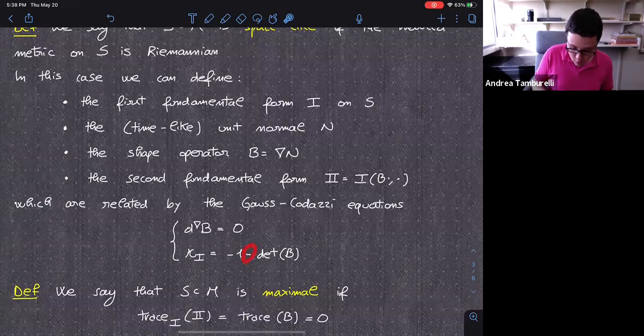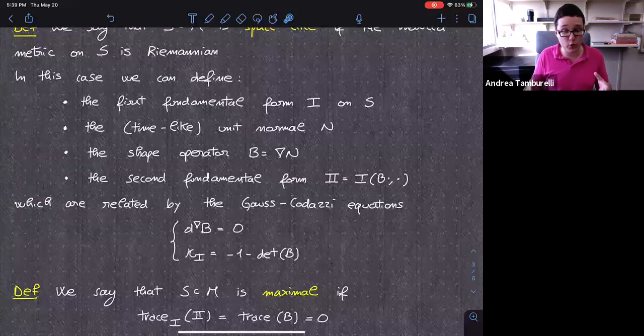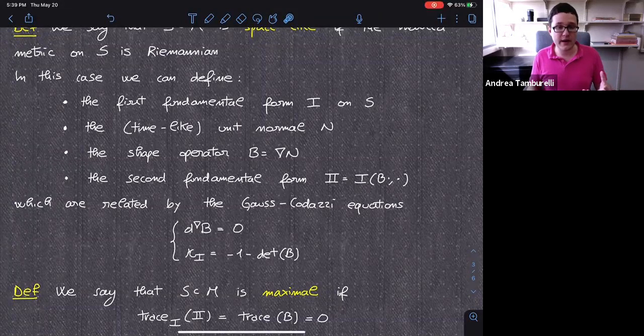The main difference from the Gauss equation that we found in hyperbolic geometry is the -1 in front of the determinant, which is determined by the fact that the unit normal now has negative norm. If you go through the proof of the Gauss equation, you will see that the fact that the normal direction has negative norm changes the sign in front of the determinant.